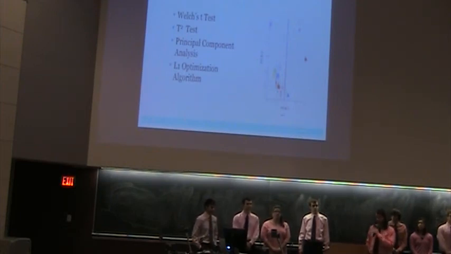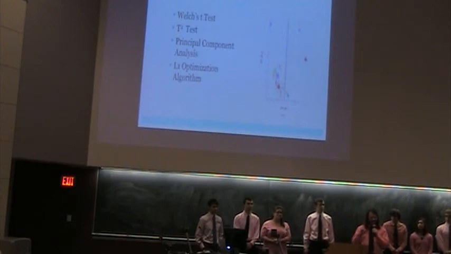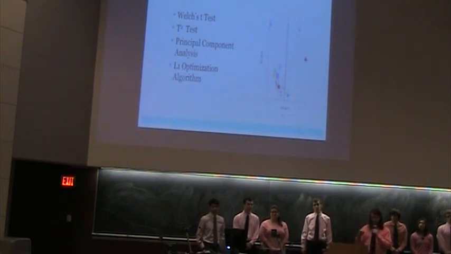Principal component analysis, on the other hand, allows us to take large quantities of data and break it down into smaller but still highly meaningful data points. And L1 optimization will allow us to identify clusters of PCA data, which we can hopefully use to distinguish between the two groups.